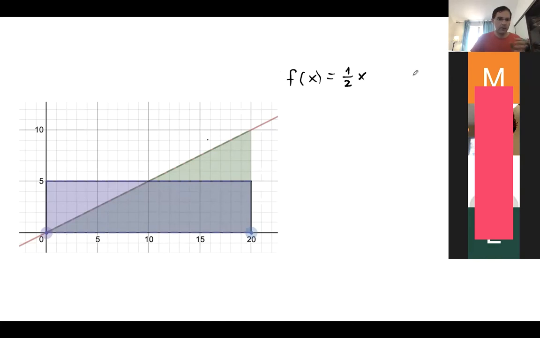Let's consider this function not for all values of x, because to specify the average value of a function, I have to specify not only the function, but also the domain. So let's compute the average value of this function only for x between 0 and 20. Here's how this function looks. This is 0, this is 20.